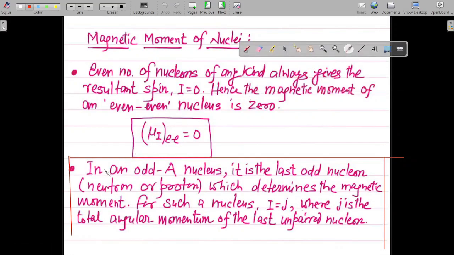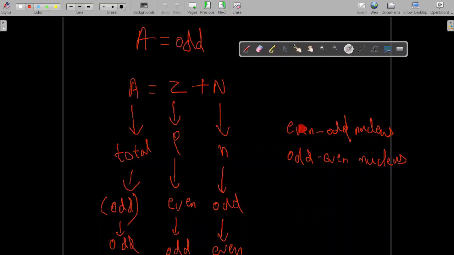Let us see. In an odd A nucleus, it is the last odd nucleon. Suppose if protons are even in number, then protons will not affect the magnetic moment. If neutrons are even in number, then neutrons will not affect the magnetic moment. Whatever entity is odd, in this case the number of neutrons is odd, in this case the number of protons is odd.